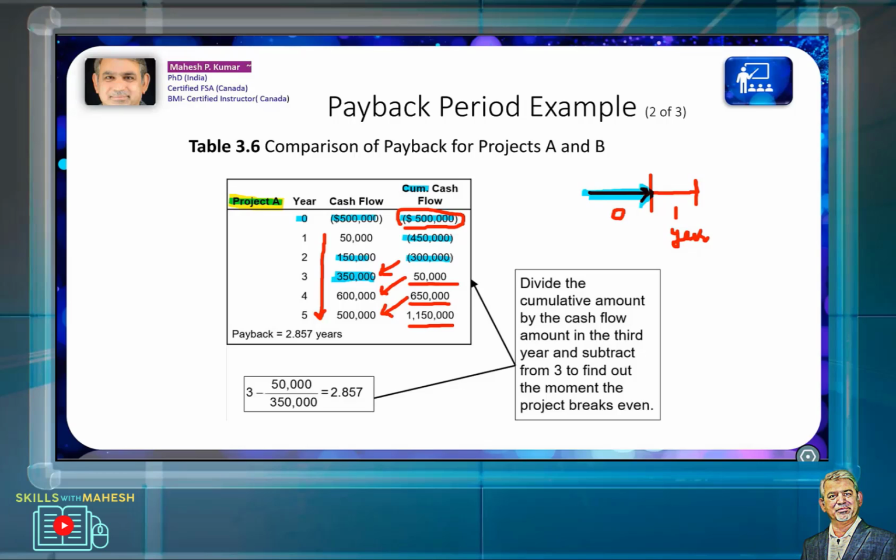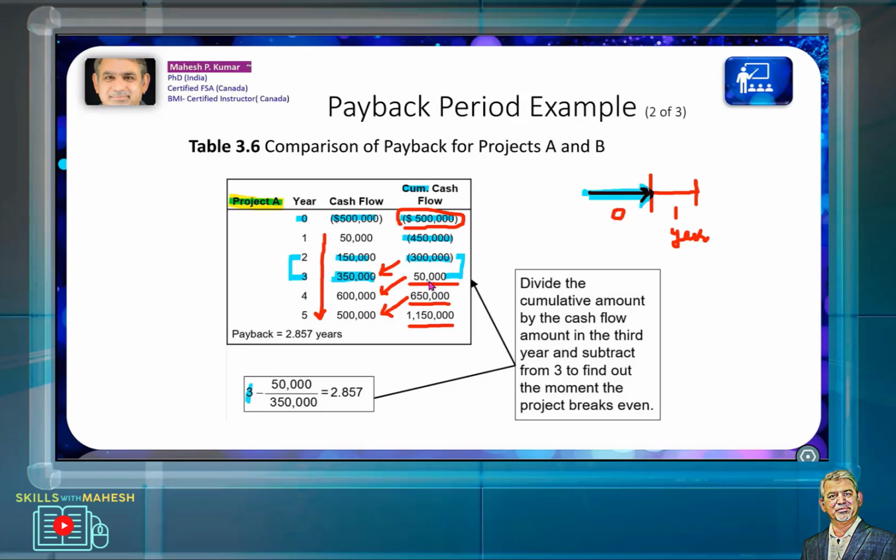Somewhere between the second and third year we had the payback period. If you see, in between the second and third year we went from minus 300,000 to plus 300,000, right? So our payback period is between the second and third year. And how it is calculated, this is the method. You start with the third year. Here for sure you are positive in the third year.